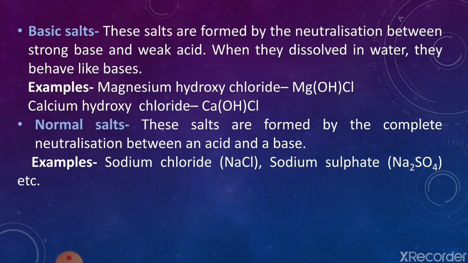So in that reaction mixture, some salt will form and that salt will be basic in nature, because in this case a strong base and a weak acid are reacting together. So incomplete neutralization will be there. The base will not be completely neutralized.